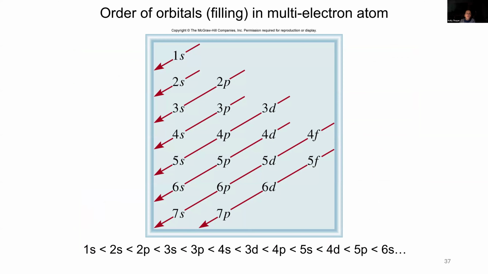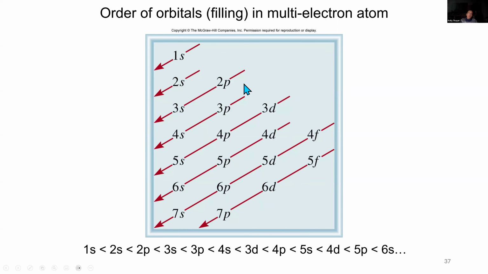This tells us the order of the orbitals filling in a multi-electron atom. So this is a really handy chart to make. Now, the way that this works is that you start at the top and going across in the straight rows, you're going to write all of the orbitals that are available at that level in that shell.